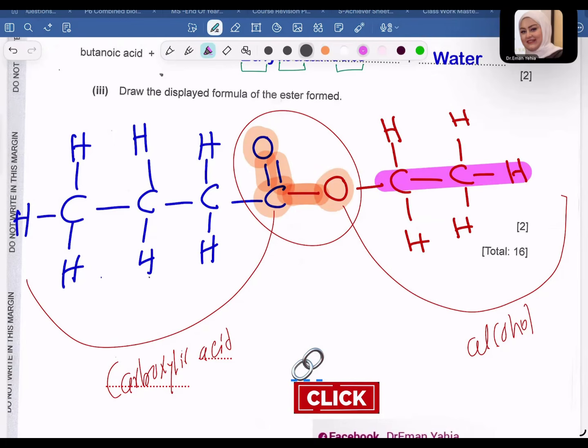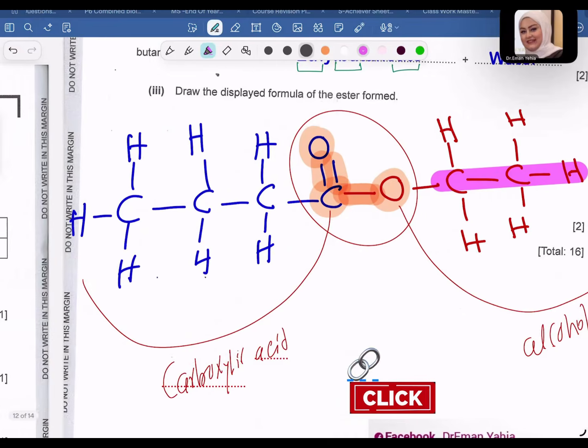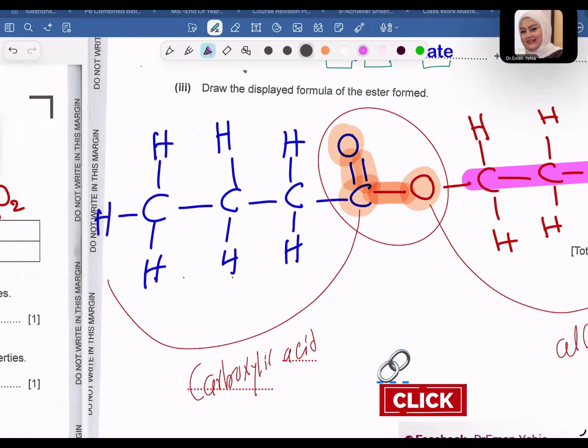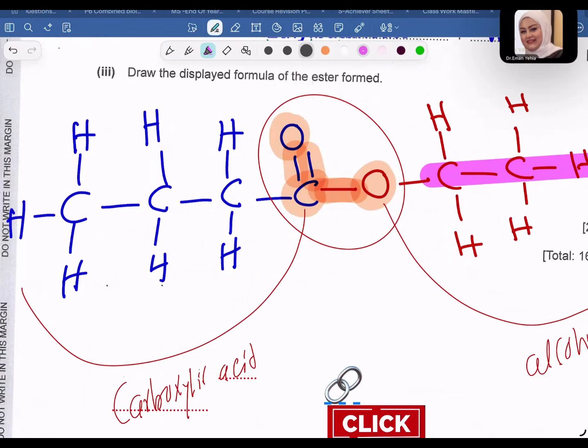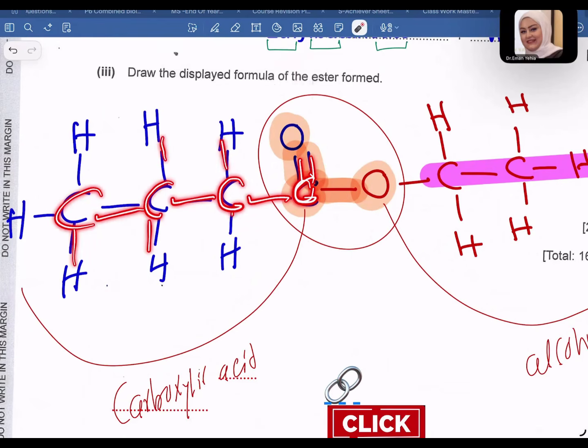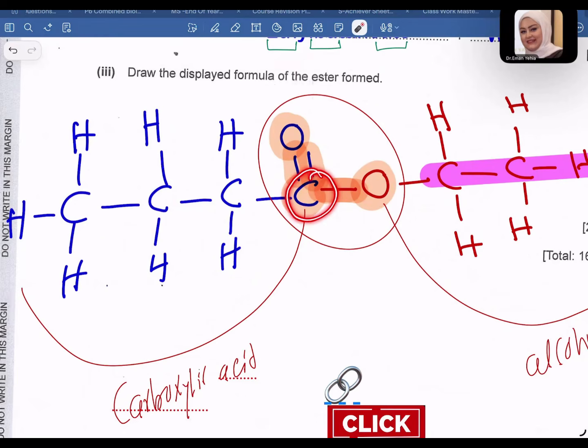So ethyl, 2 C's, draw 2 C's, complete with H. And this is butanoic acid. Start with the carboxylic acid part, from this side. So 1, 2, 3, 4, and then complete with H. Remember, each C should form 4 bonds.